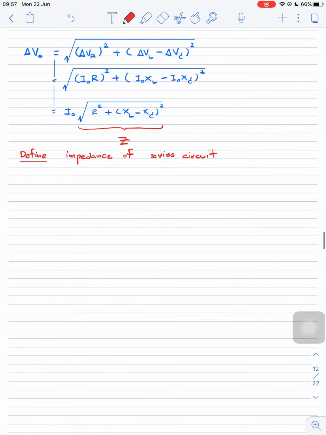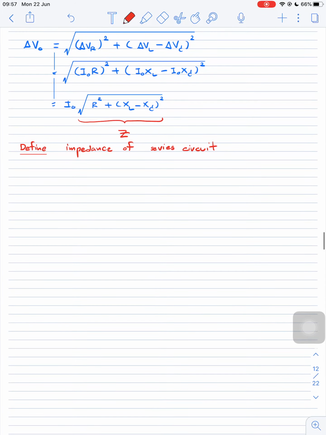Let's define the impedance of the series circuit Z to be equal to the square root of R squared plus XL minus XC, squared.